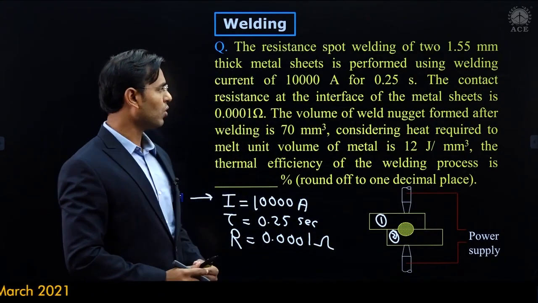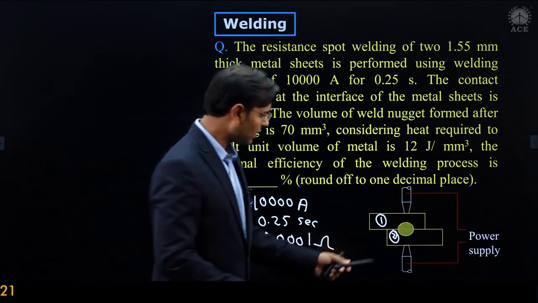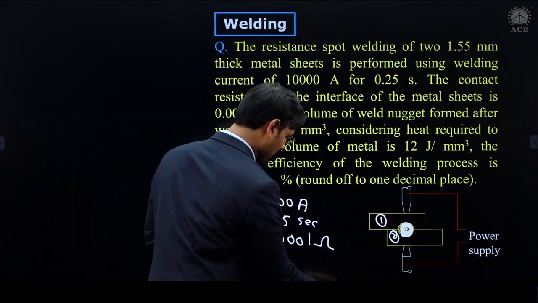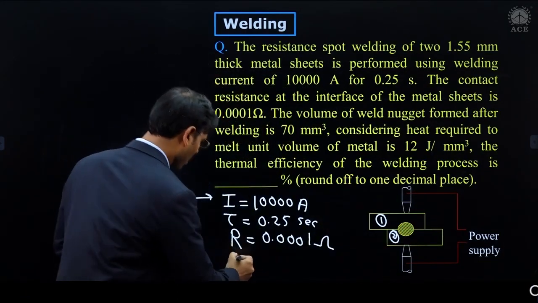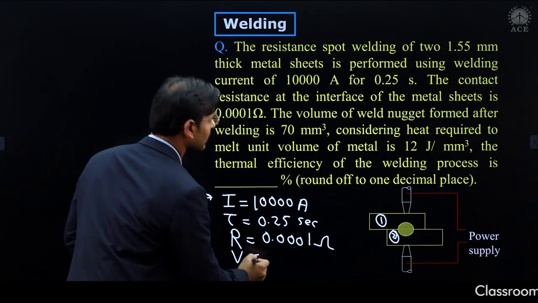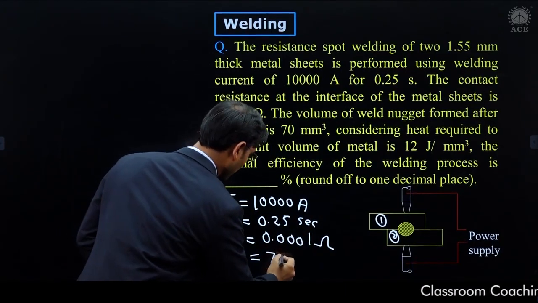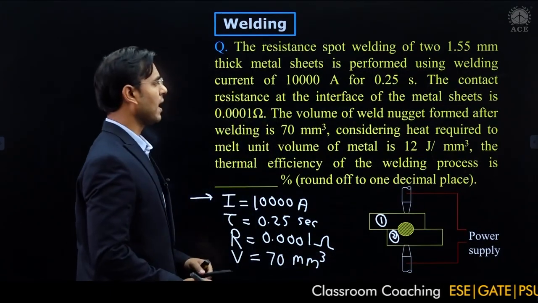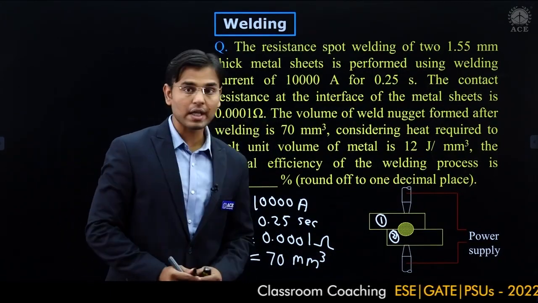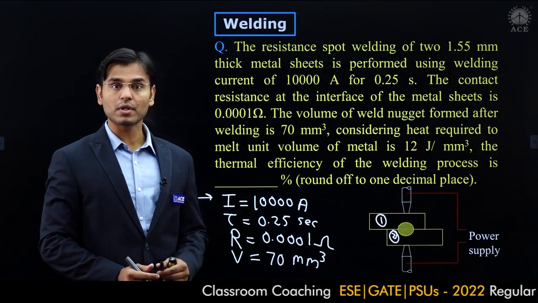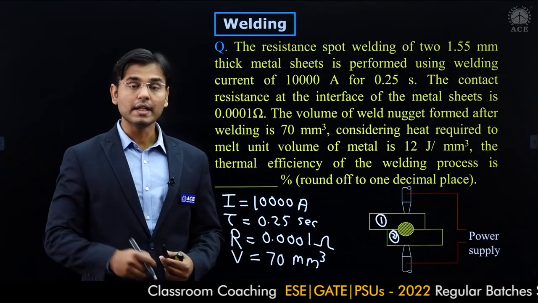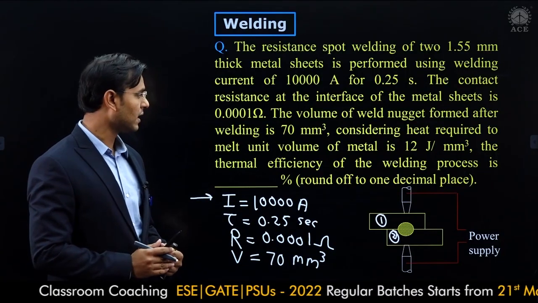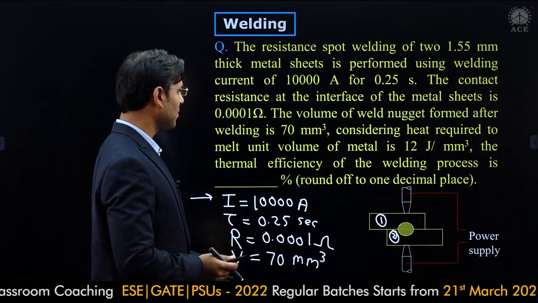The volume of Weldon gate, just see this is the Weldon gate. The volume of this Weldon gate is given as 70 millimeter cube, considering heat required to melt.